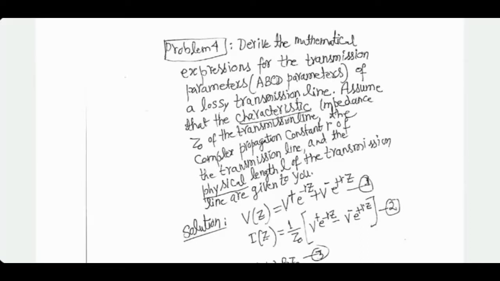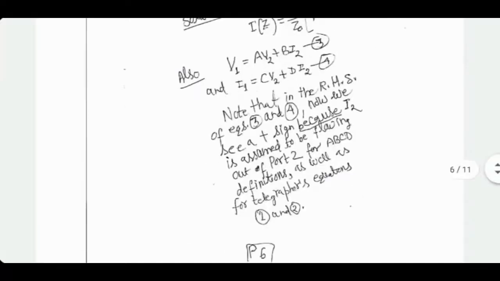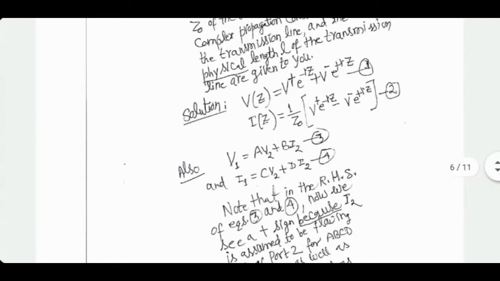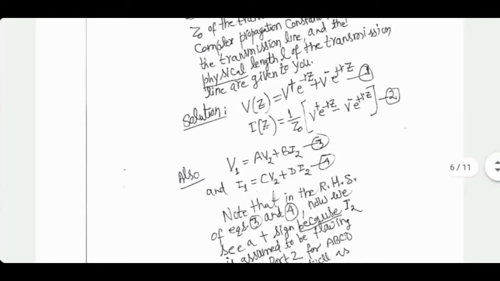We again use well-known equations for V and I, along with the very definitions of ABCD. Now we are putting a plus sign on the right-hand side of equations 3 and 4, because the direction of I2 is the same in equations 1 and 2 as well as in equations 3 and 4.